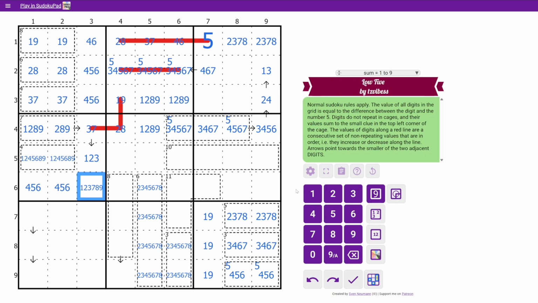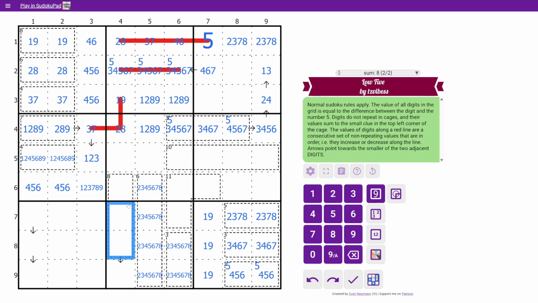That's like all the possibilities of that. 1, 2, 3, 7, 8. So I need to find out where the 5 goes.